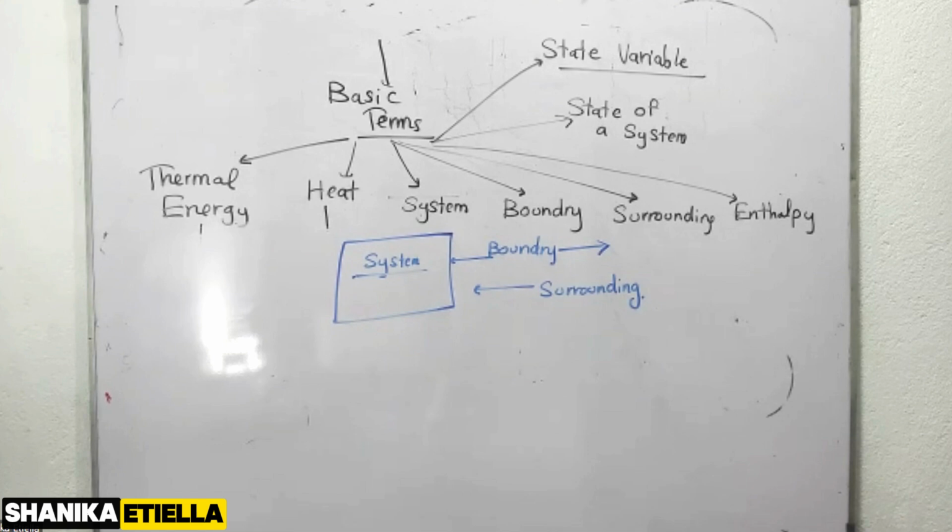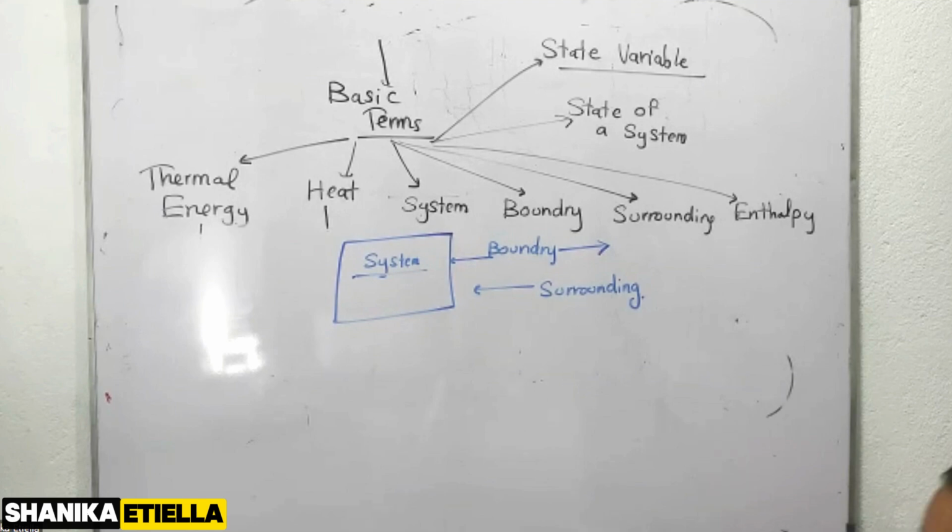If your mug is a system, it can interact with the surrounding through exchange of heat. So it can exchange with the surrounding. The surroundings are considered to be all other portions of the universe which can interact with the system.